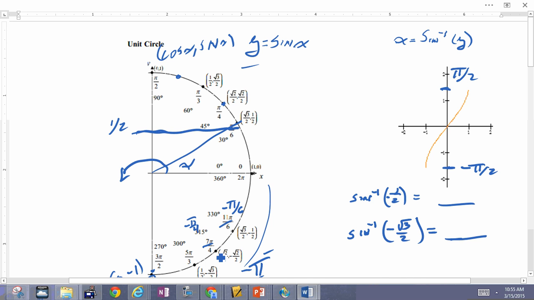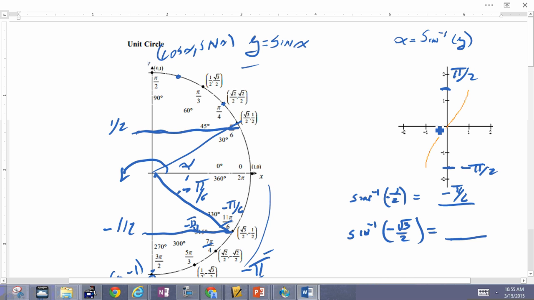If we are looking at the y value of negative 1/2, then we're looking at the angle of rotation that forms that, which is this negative pi over 6 angle. So the answer to the inverse sine of negative 1/2 is negative pi over 6.